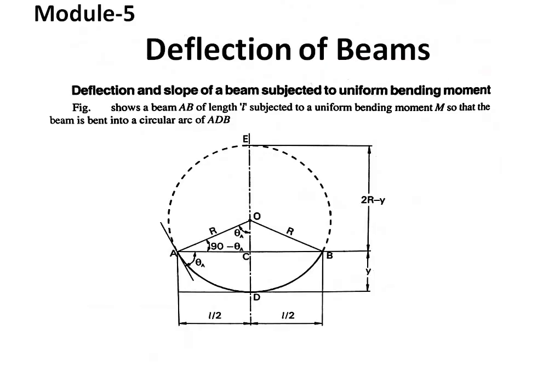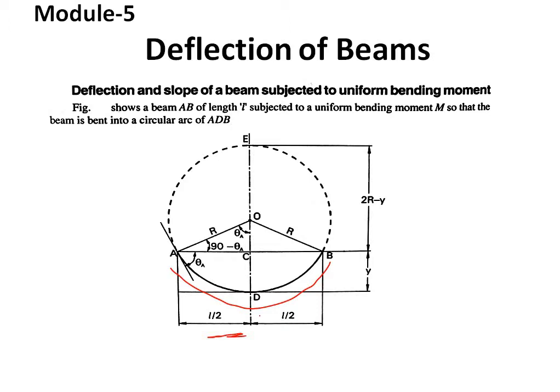First, we go for the deflection and slope of a beam subjected to uniform bending moment. The figure shows a beam AB of length L subjected to uniform bending moment M, so that the beam bends into a circular arc ADB.